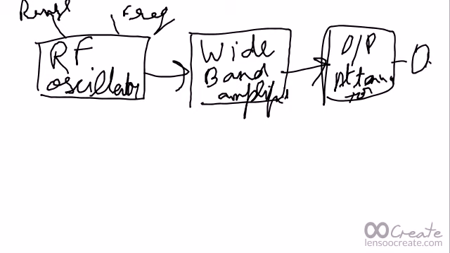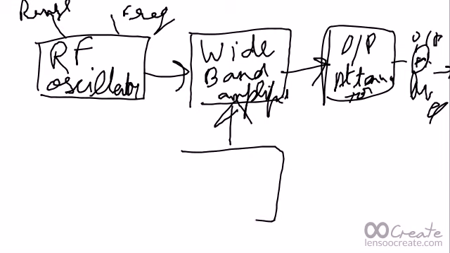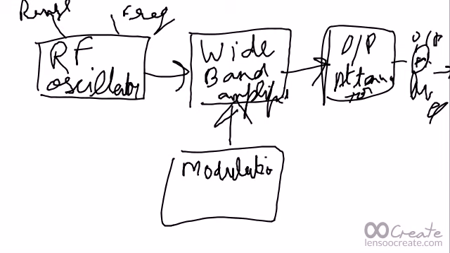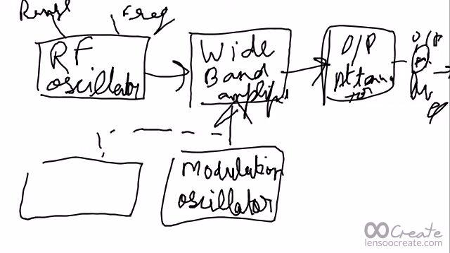Then you have the output level. In the wideband amplifier you have a modulation oscillator, and also an external oscillator.